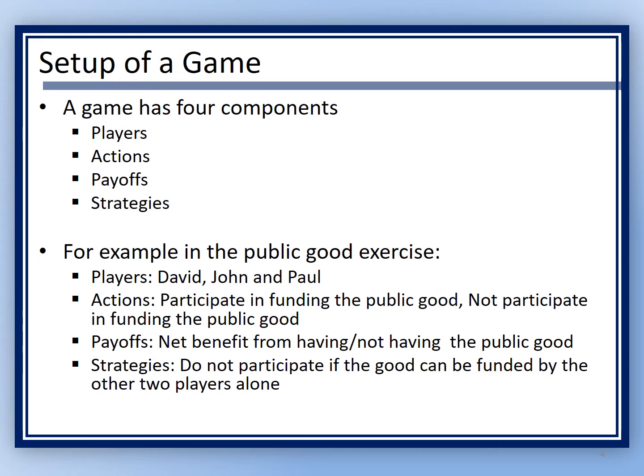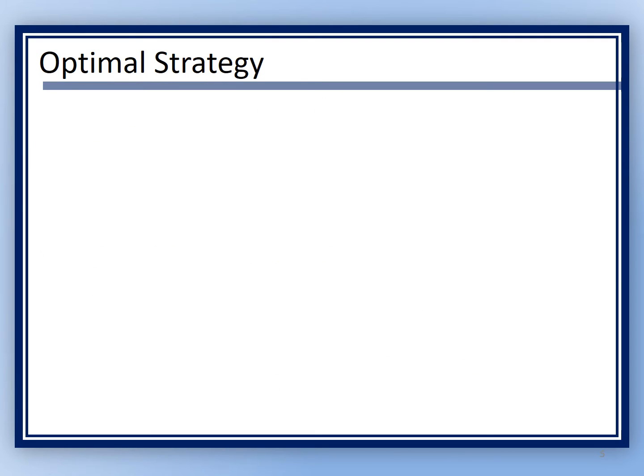So that's formulating an economic scenario in the terminology of equilibria. And we're going to do that for the next 2 classes. We're trying to figure out what strategy players are going to take. That's called the optimal strategy, the one that they're going to take.